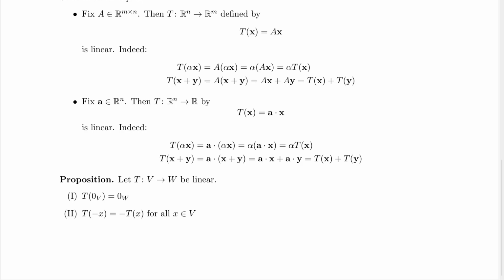So, a linear mapping has to send 0 to 0, and a linear mapping has to send negatives to negatives. All right, and there are a couple of ways of proving these results. Let's talk about them. In fact, there are two methods of attack for both of these, and I'll go for both of them.